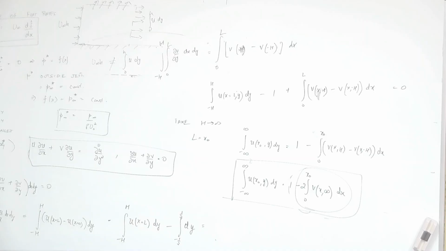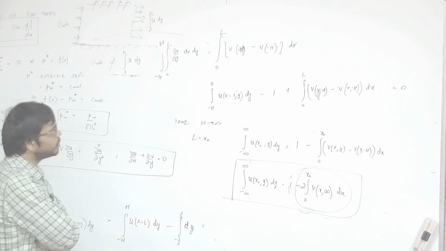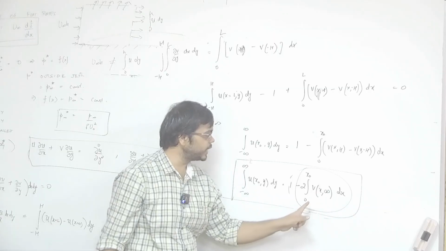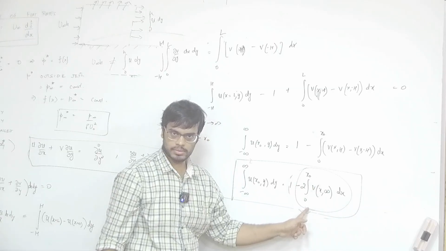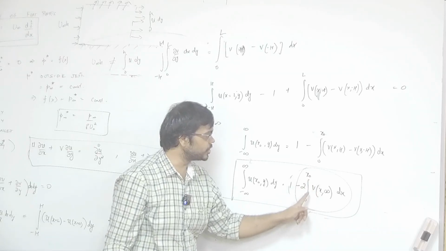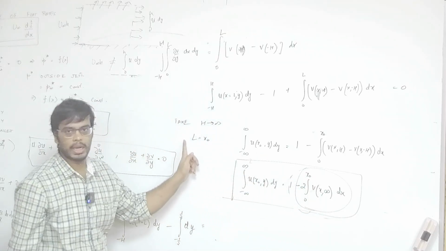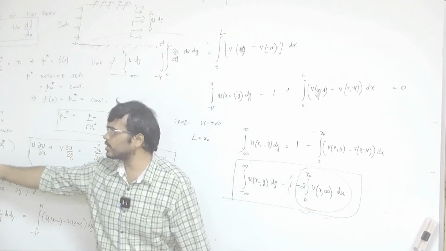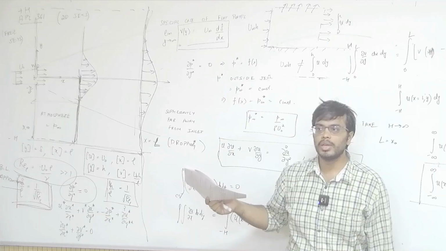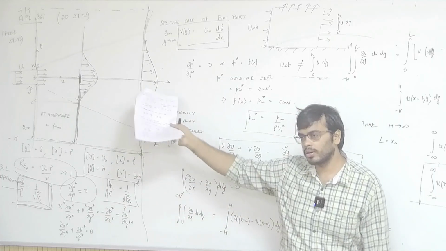First of all, one thing that we can agree on is that v is small compared to the x direction velocity. But notice that I am integrating this small quantity over a large distance also. This x naught was L, and we took the control volume such that at x equal to L we were sufficiently far away from the orifice.